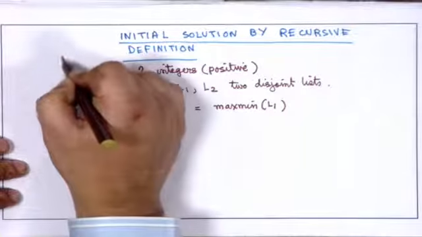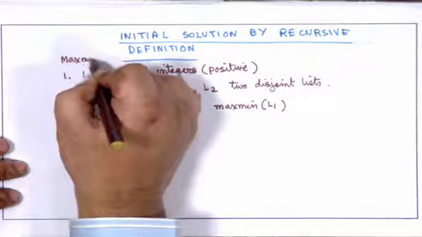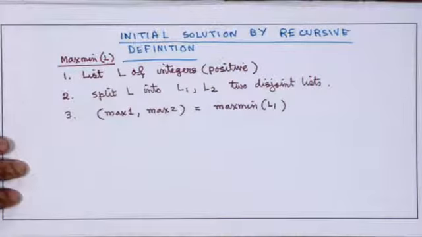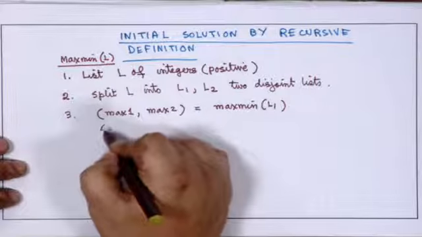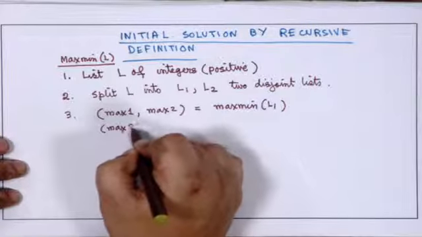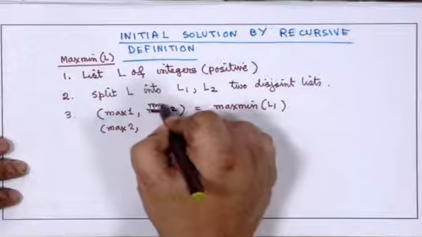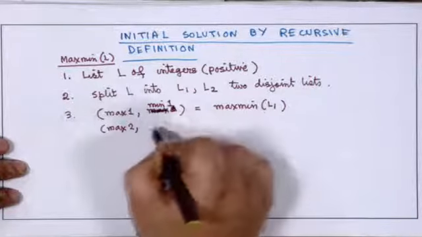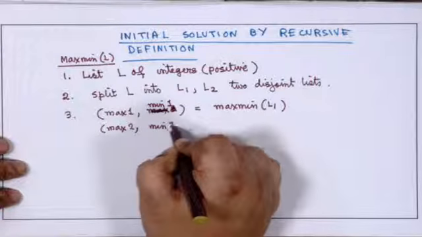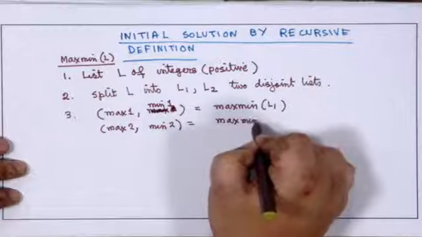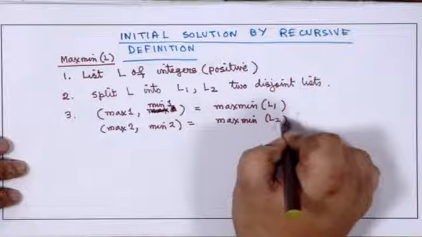This is our program for max min L. Then find max 2, min 2 of max min L2.